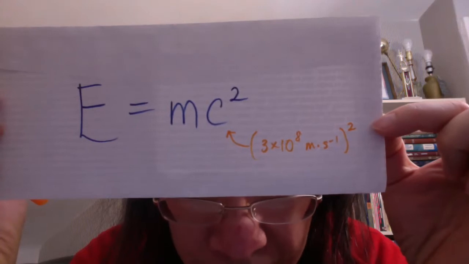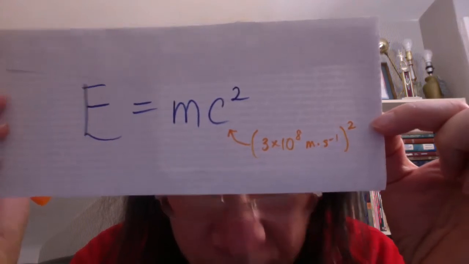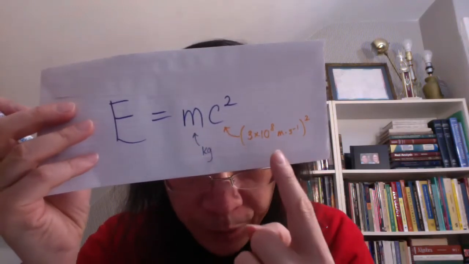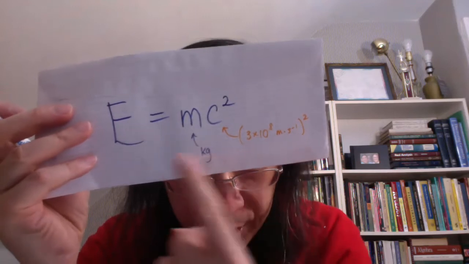Now, what does that mean? Well, remember that if I measure mass in kilograms, typically in kilograms, then if I multiply it by meters squared per second squared, energy is in units of kilograms meters squared per second squared. And guess what? That energy unit is a joule.